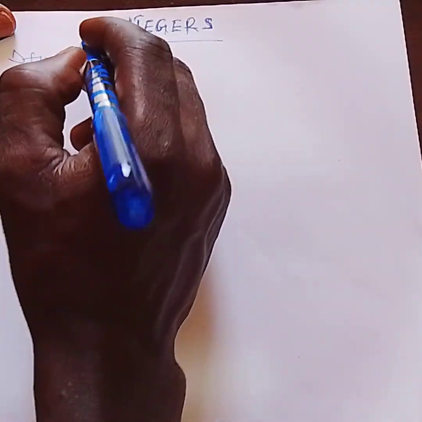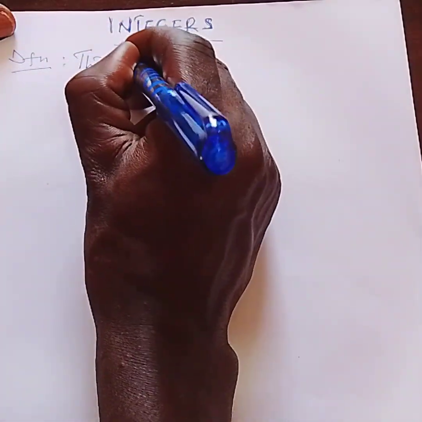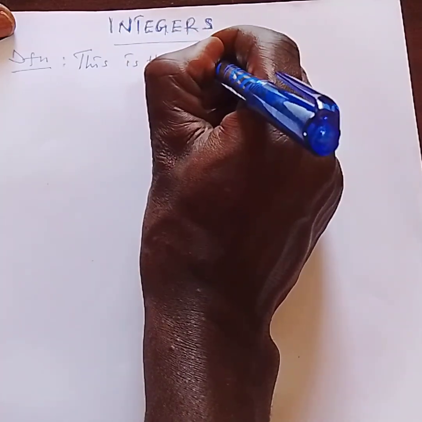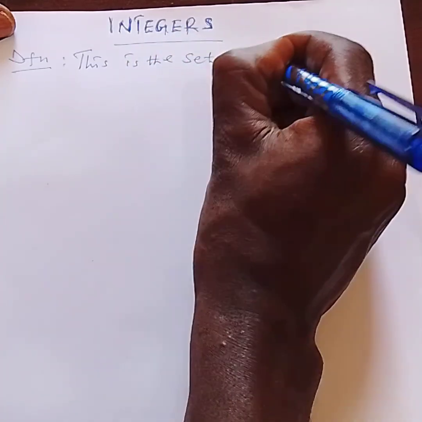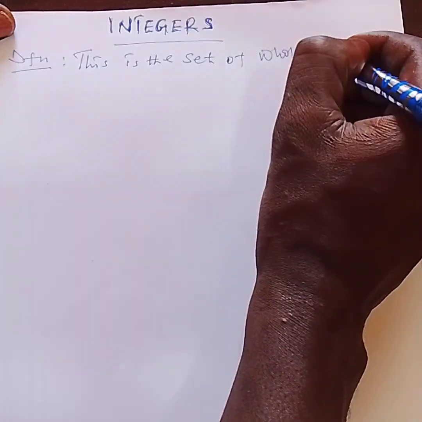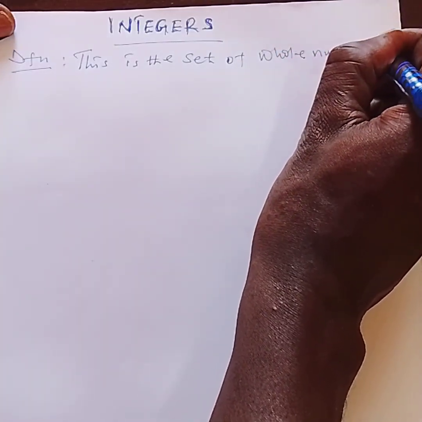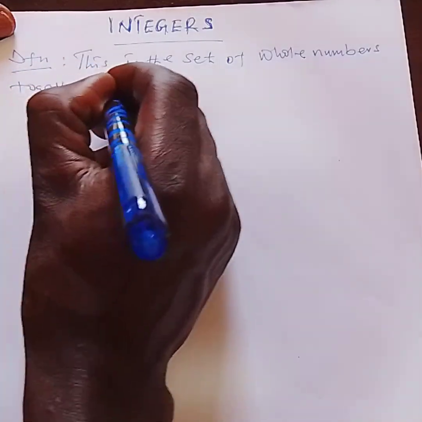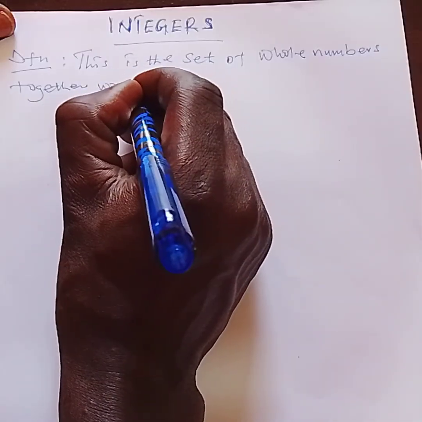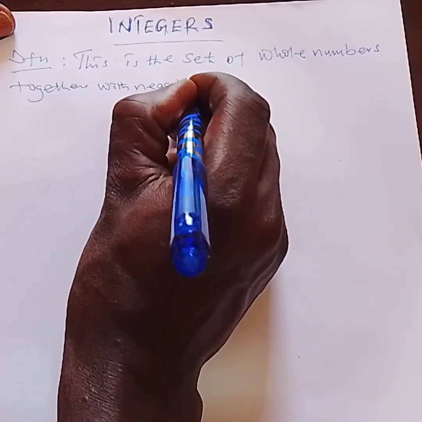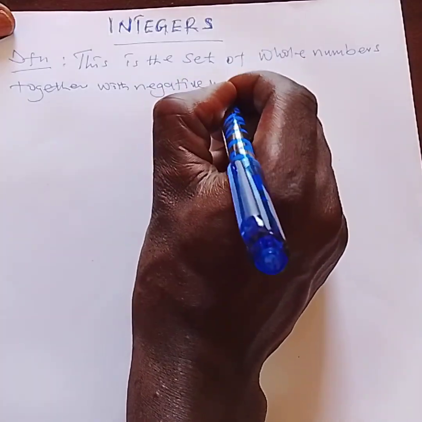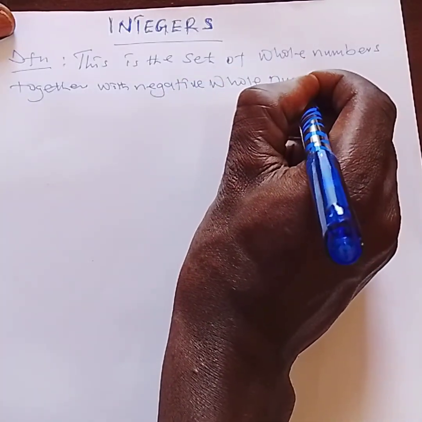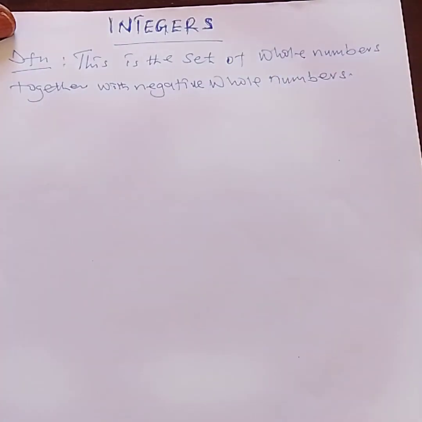So integers are the set of whole numbers together with negative whole numbers.